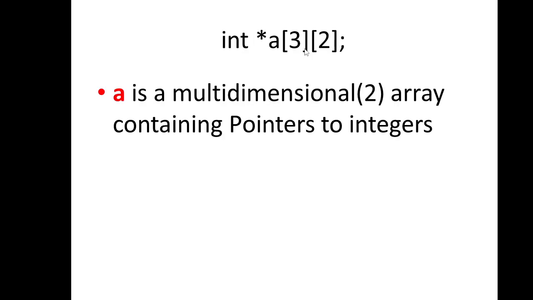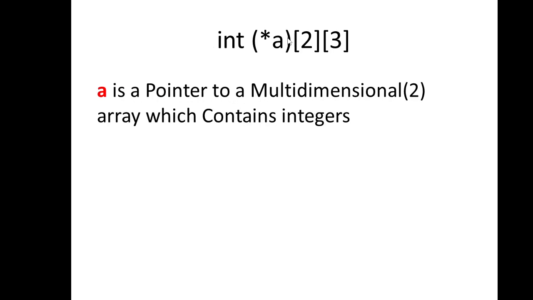But in the previous case, this is the previous one, a is an array of pointers. It's containing a group of addresses. So a is an array, but the array contents are addresses. In here, there is an array with integer contents.